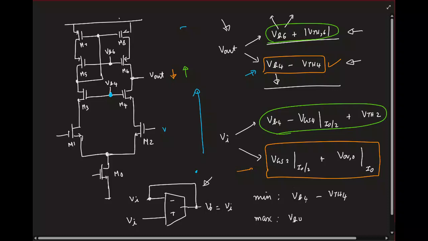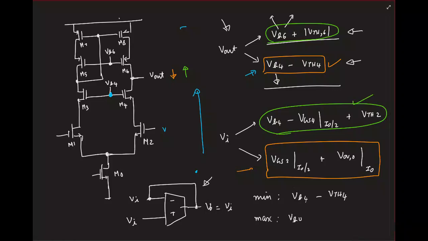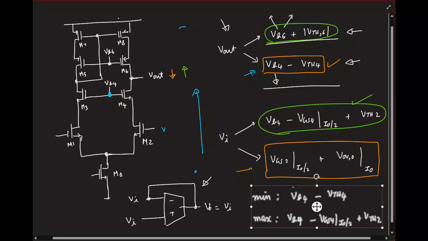So this is VB4 minus VGS4 at a current I0 by 2. So this is the range we have.